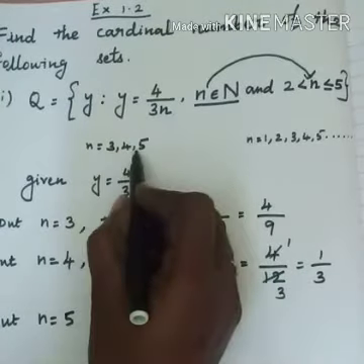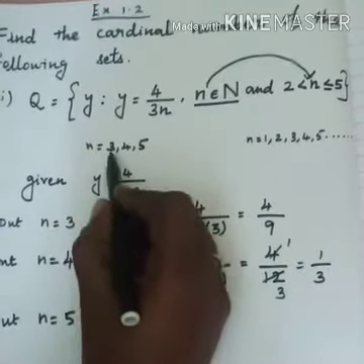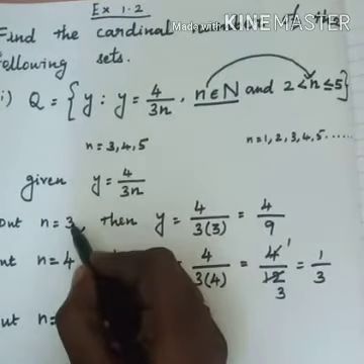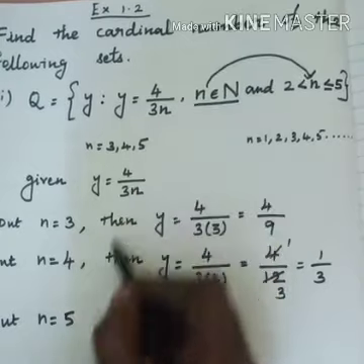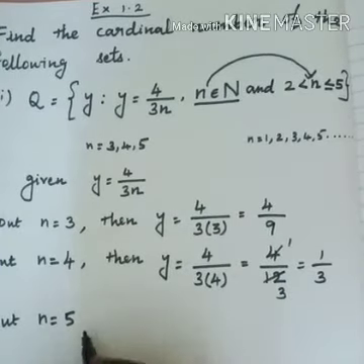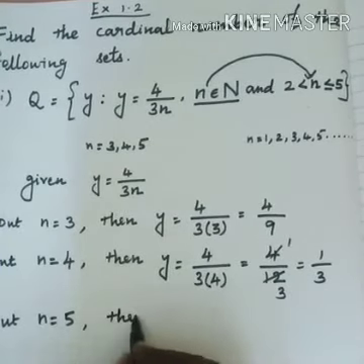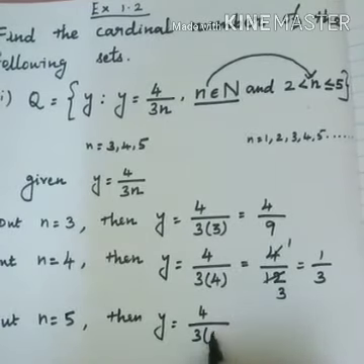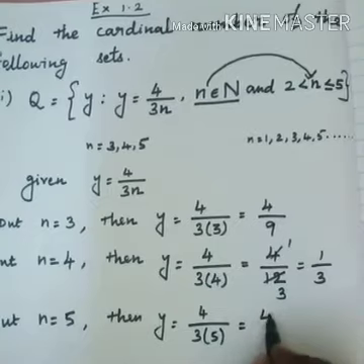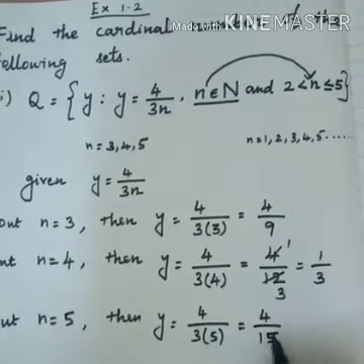Only 3 values we can take for n: 3, 4, 5. 3 we already substituted, 4 we already substituted. Now the last element is 5. So put n is equal to 5. Then y is equal to 4 by 3 into 5, which is equal to 4 by 15.